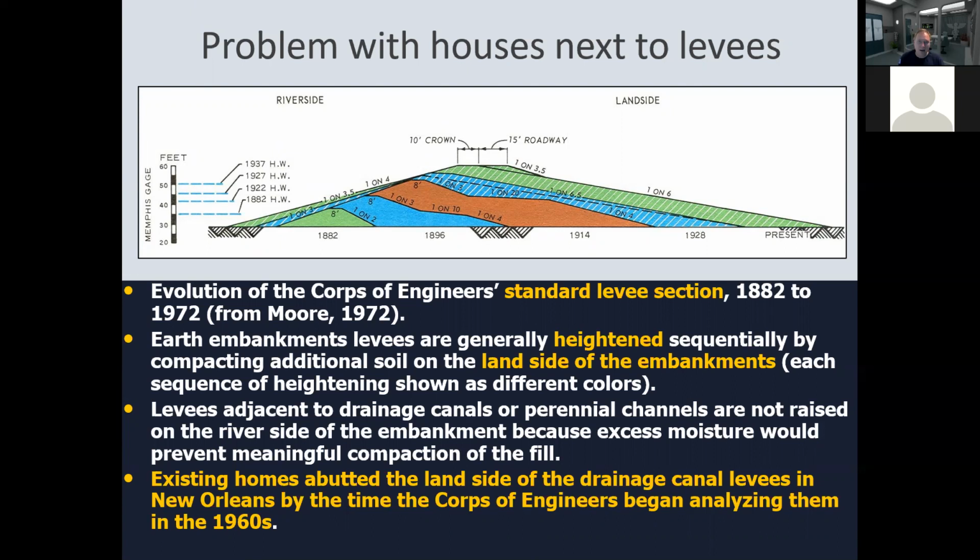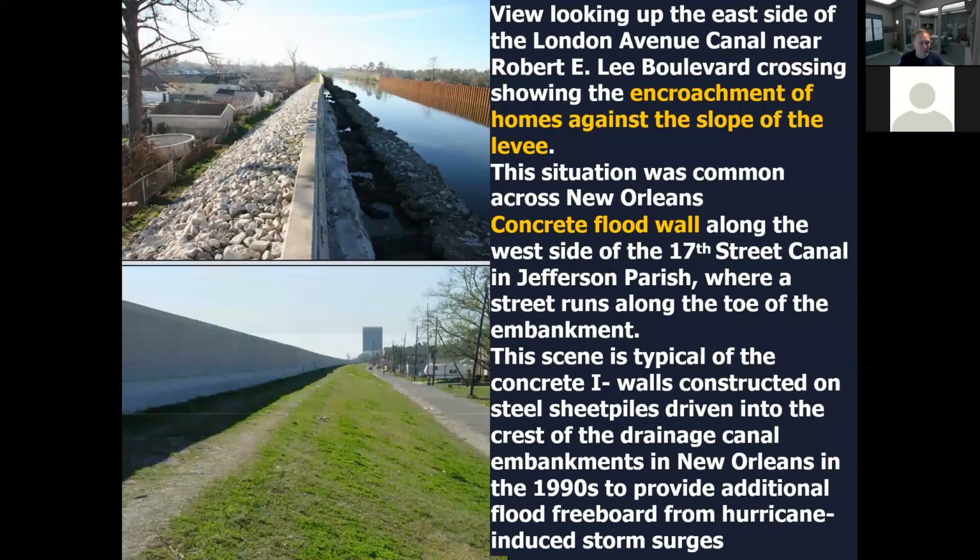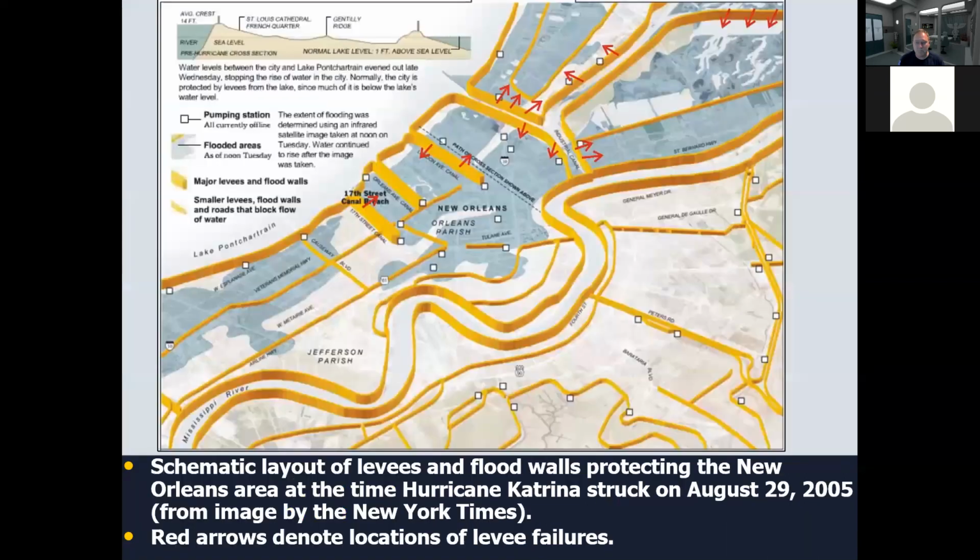And when we came back and built levees, people didn't want to give up their homes. So in many cases, the levee comes right up to the backyard, as you can see by some of these pictures. And so it creates a really steep wall. And when you have a really steep wall, it creates a real challenge with the stability of the levee itself.